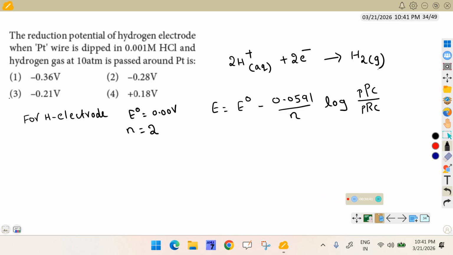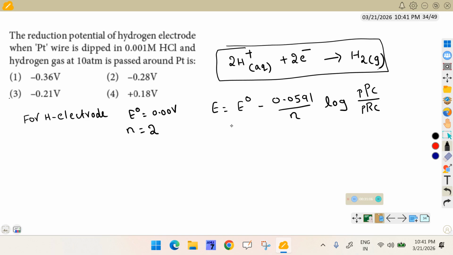The reduction potential of a hydrogen electrode, when platinum wire is dipped in 0.001 molar HCl and hydrogen gas at 10 atmosphere is passed around platinum, is, according to the given data, the standard hydrogen electrode equation.